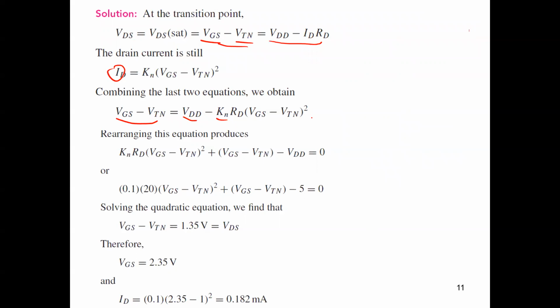This quadratic equation, guys, can be solved. When you try to solve this equation, you can simplify it. Instead of writing the term VGS minus VTN, you can give it a symbol, for instance A. So we have now Kn times RD times A squared plus A minus VDD equals 0, where VDD is a constant.